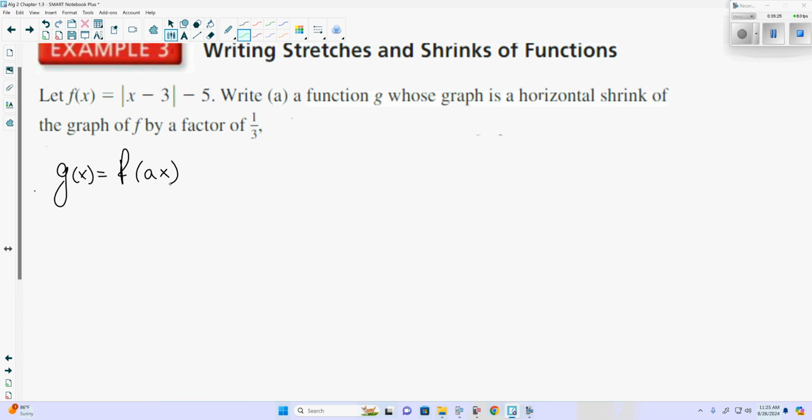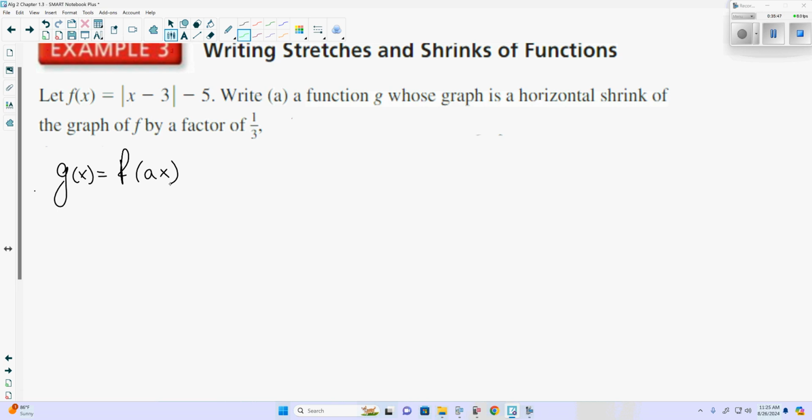So we have that a times x inside the parentheses. Now horizontal stretch or shrink, this again is the only one where we have to do anything to that value before we plug it in. Because left, right, just like it was, if it was to the right, that value that was going in was positive. Left was negative, up positive, down negative.